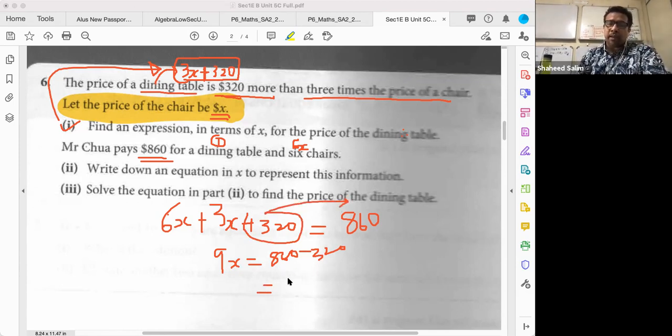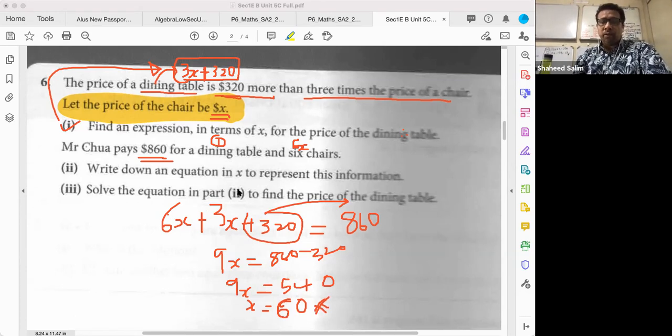So you get 860 minus 320, which is 540. And then when you divide 540 by 9, you get 60. X is $60.